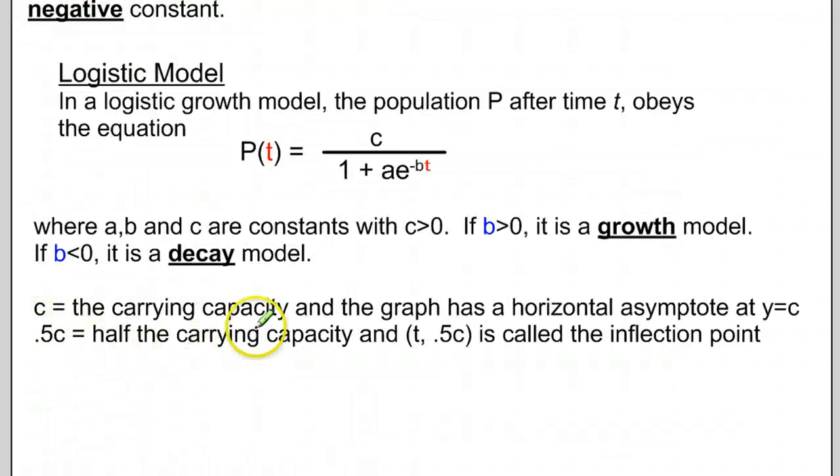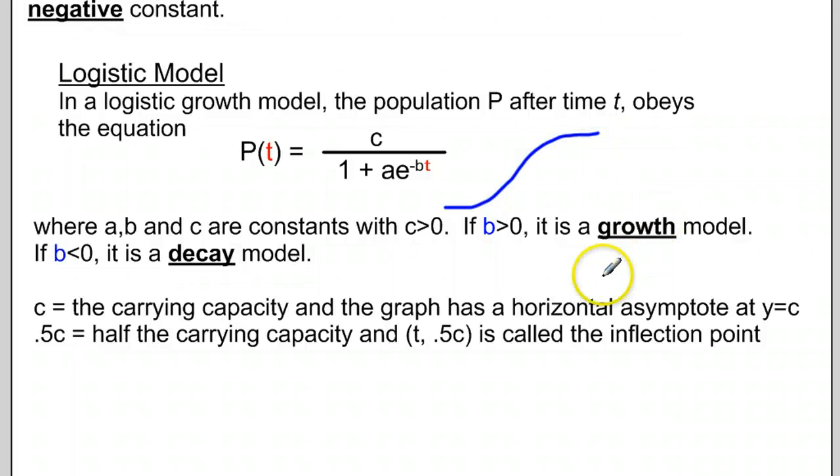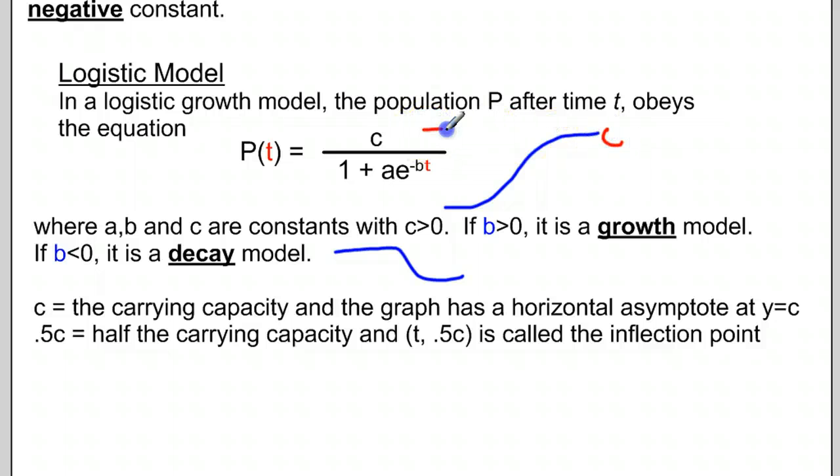And so C represents the carrying capacity because it's actually going to be a limit. So it's going to look something like this if it's growth, and it's going to look something like this if it's decay. And that value where it reaches the max, like a horizontal asymptote, is C, no matter if it's growth or decay.